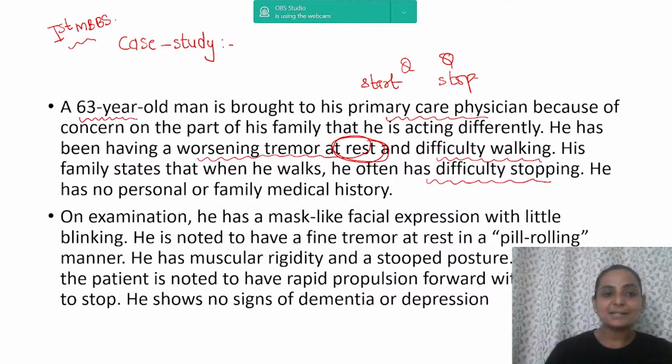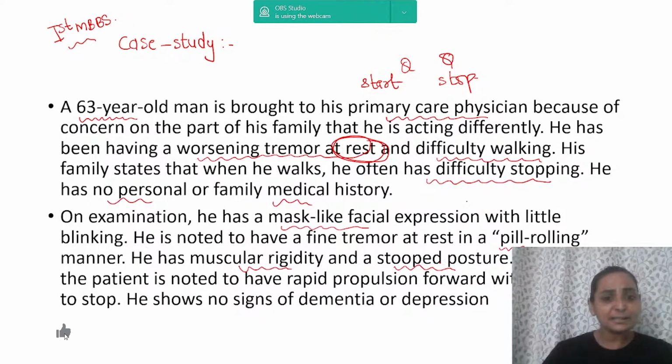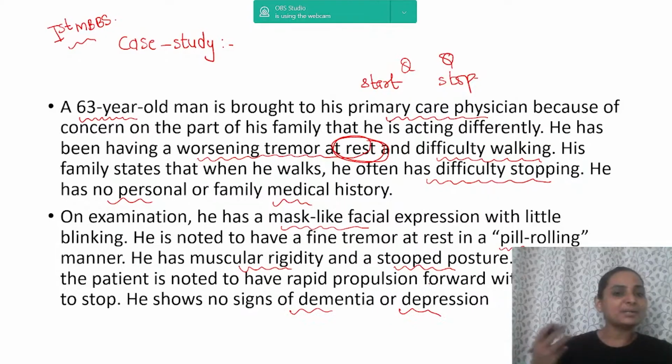On examination, there is a mask-like face, a very conspicuous pill rolling tremor, muscular rigidity, and a stooped posture, as if the person is going to fall towards the center of gravity. And he does not show any signs of dementia or depression. Because we have already studied, we know that this is Parkinson's disease.